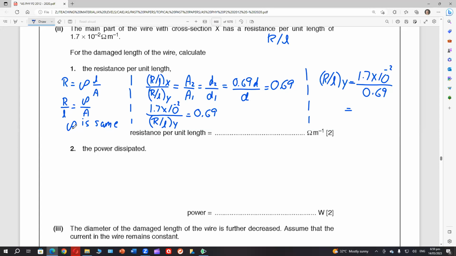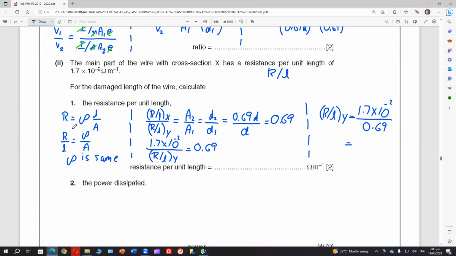We should find the resistance. So how can we find the resistance?